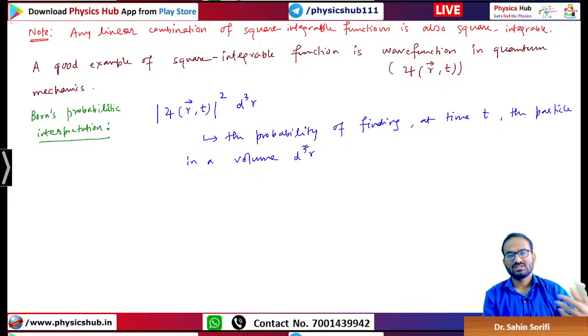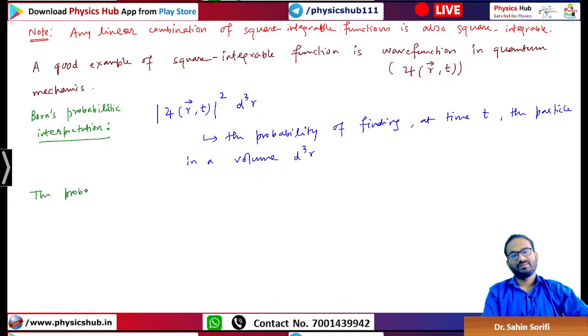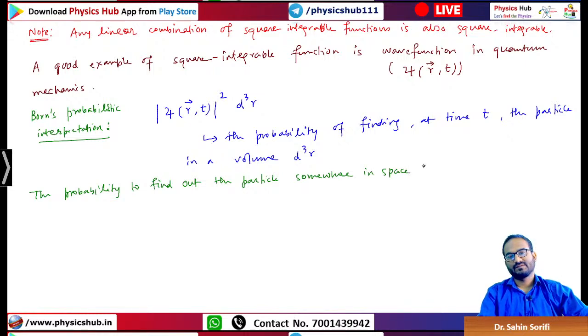So the probability to find the particle somewhere in space must be equal to 1.